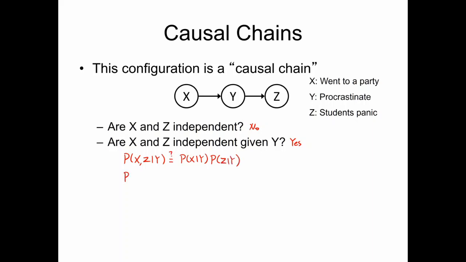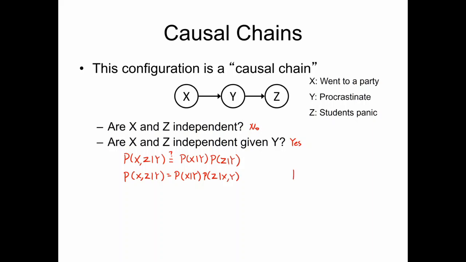Well, the probability of x and z given y is the same as probability of x given y times probability of z given x and y using chain rule.